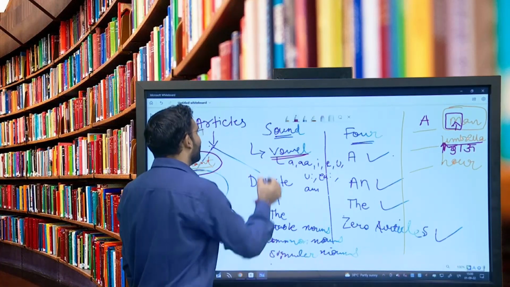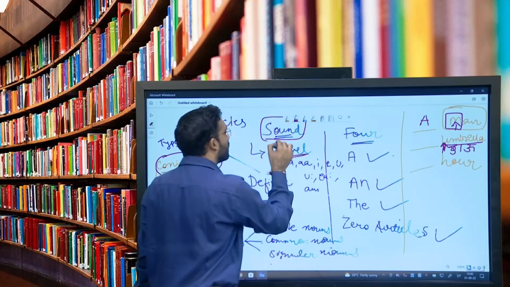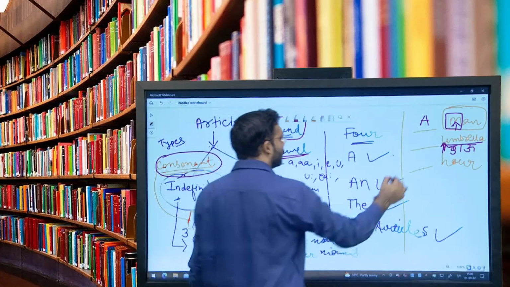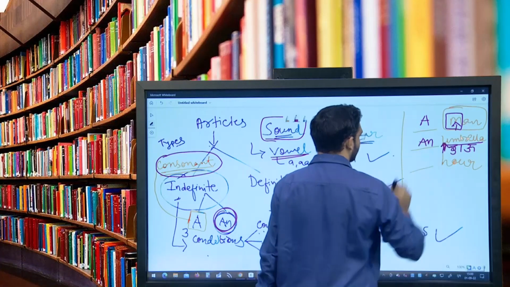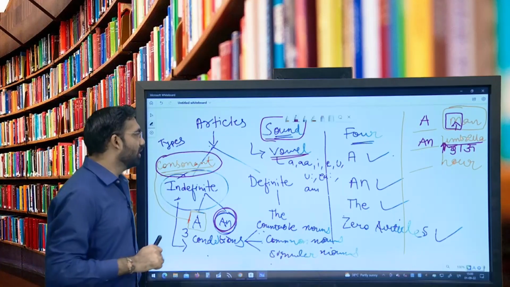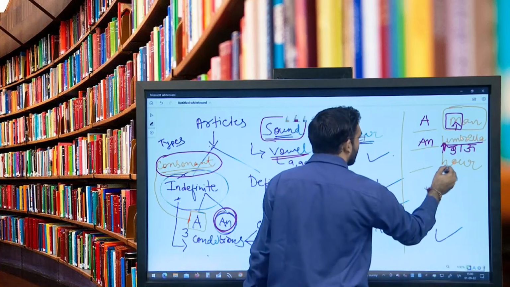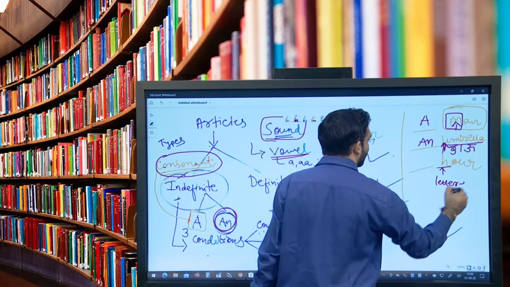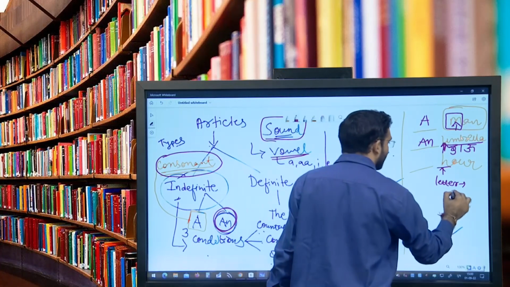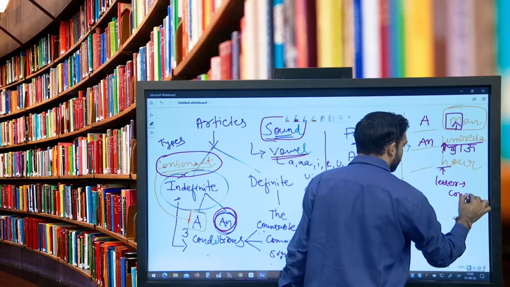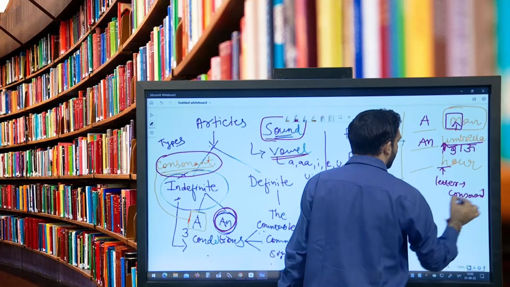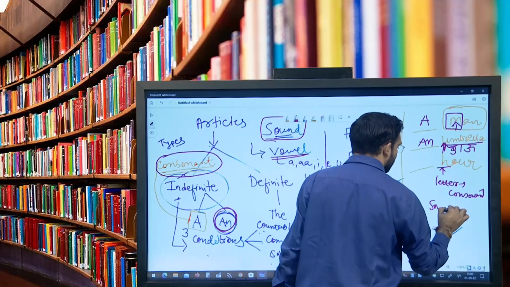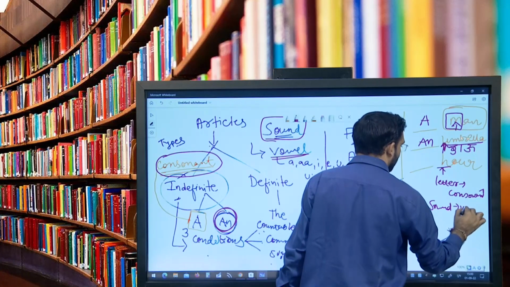What you would look at is the sound. Then here you would use an. And the third one, if you see over here, the letter is starting with a consonant, but the sound is a vowel.